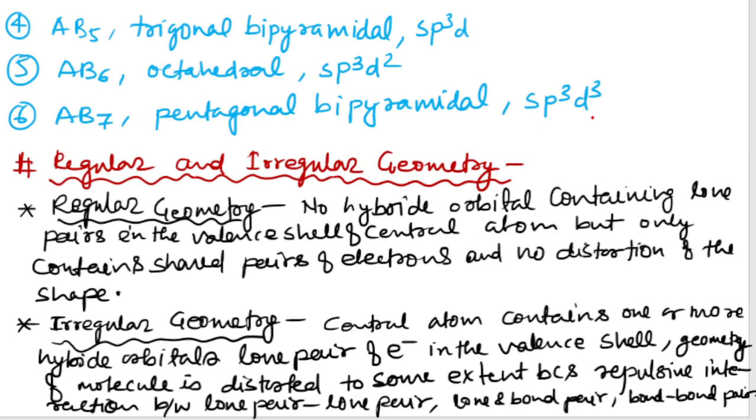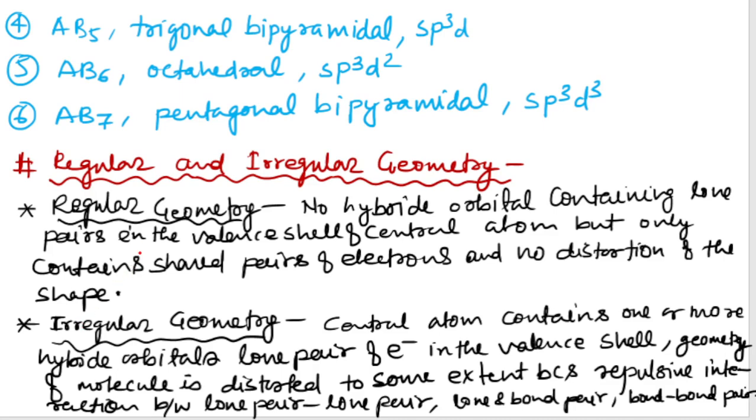Now I'll talk about regular and irregular geometry. First I will discuss the regular geometry. Those molecules that have no lone pairs in the valence shell of the central atom but only shared pairs of electrons have no distortion of the shape.